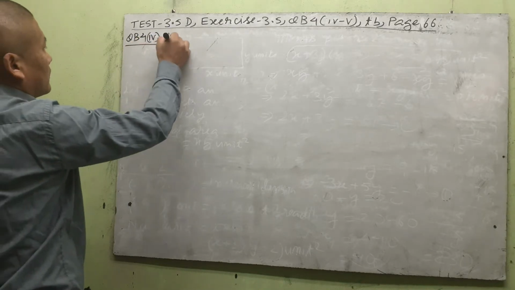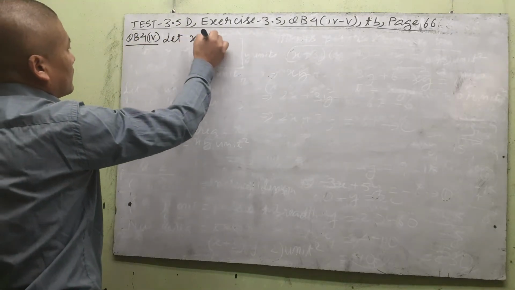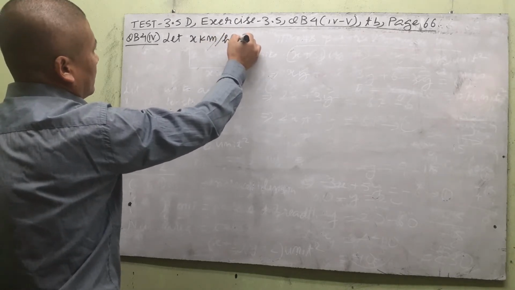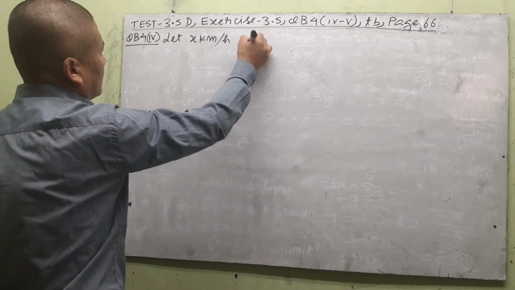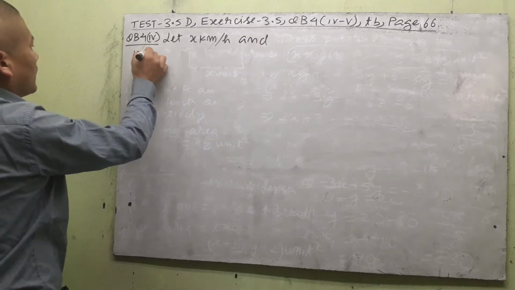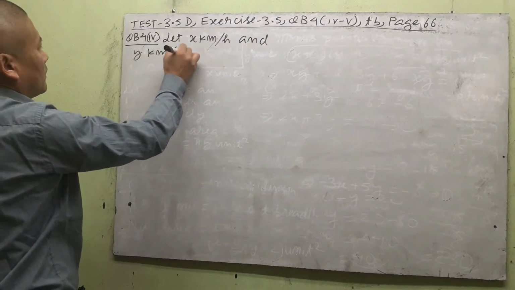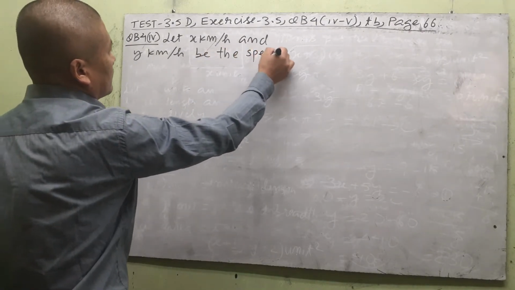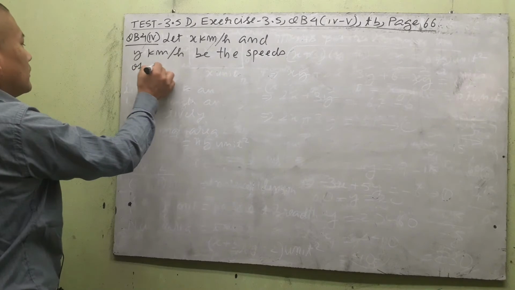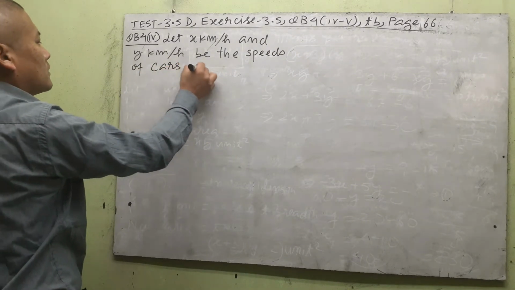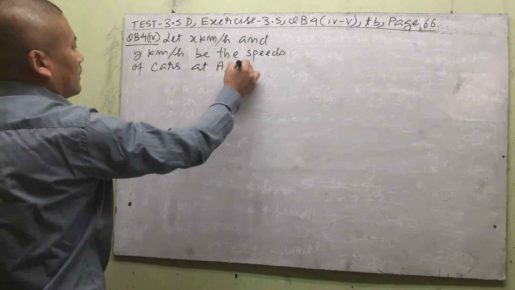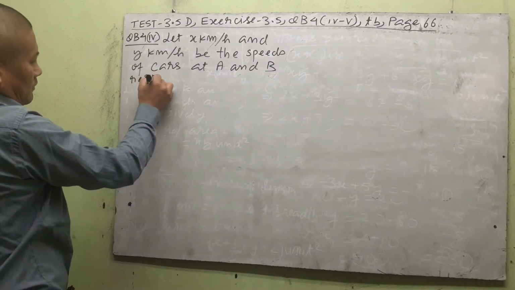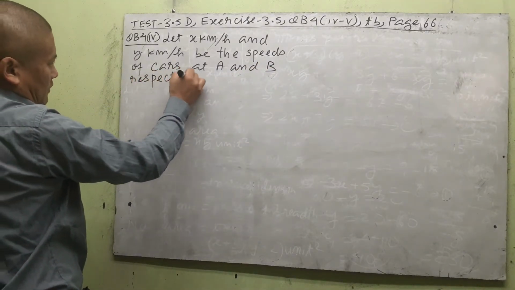So let us start like this. Let x kilometer per hour and y kilometer per hour be the speeds of cars at A and B respectively.